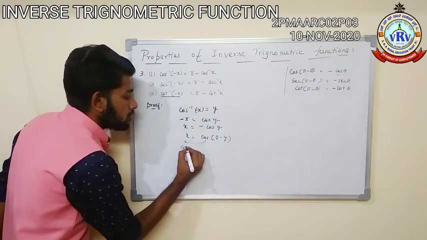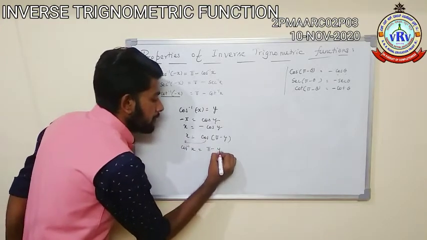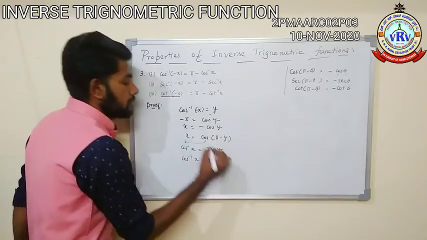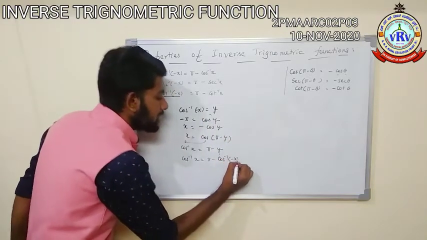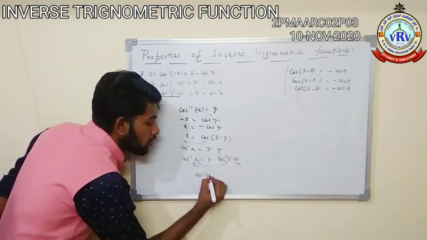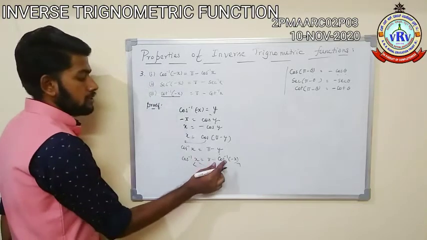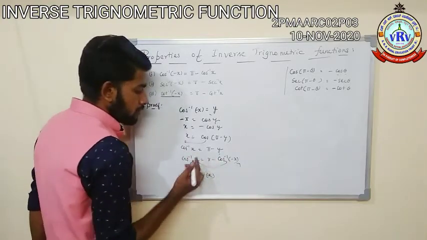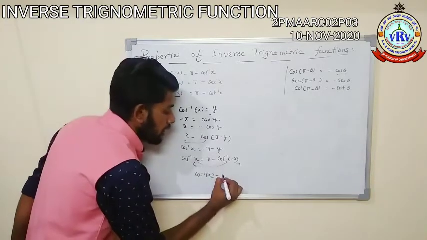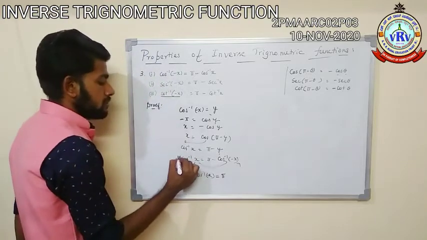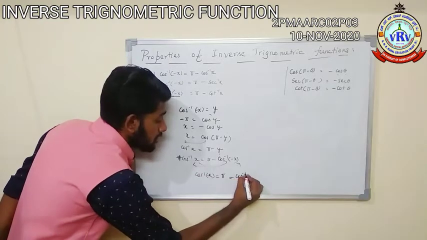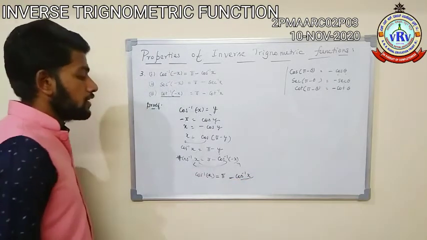So again cos inverse of x is equal to pi minus y, which is nothing but cos inverse of minus x. Changing their positions, it becomes cos inverse of minus x. Here it is a minus sign, it will be plus if we shift it to the left hand side of the equal sign, and pi, here the sign is plus, so if I shift it to the right hand side of the equal sign, it becomes minus cos inverse of x. This is our required equation.